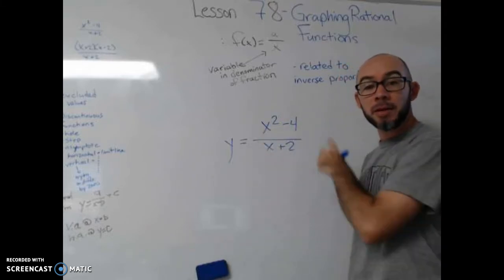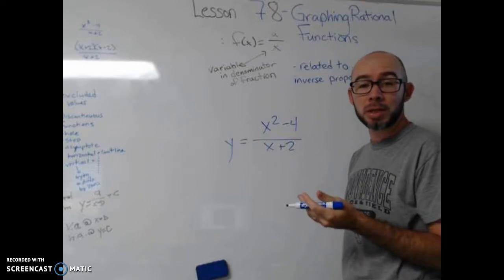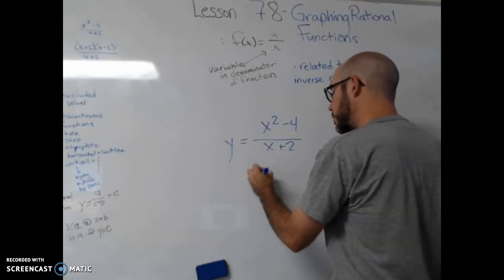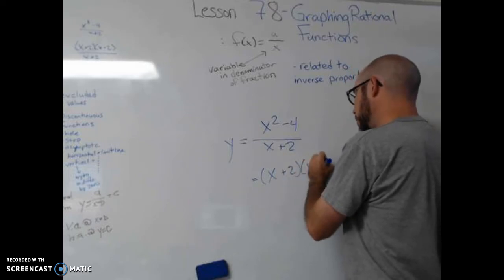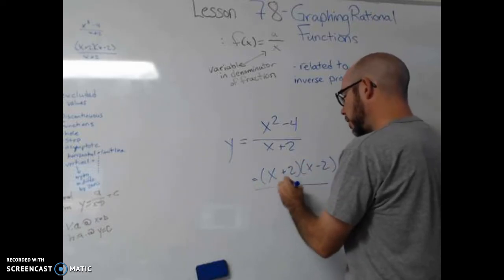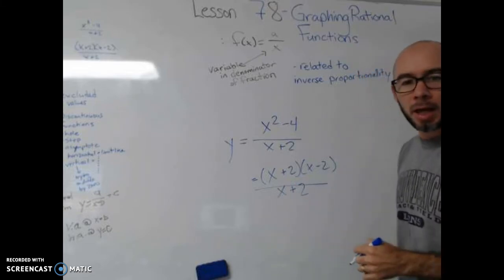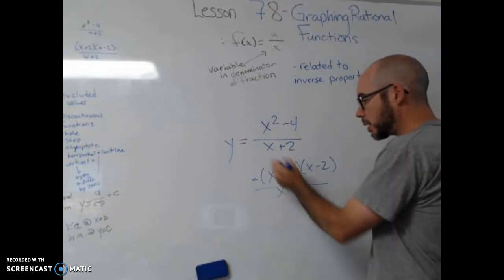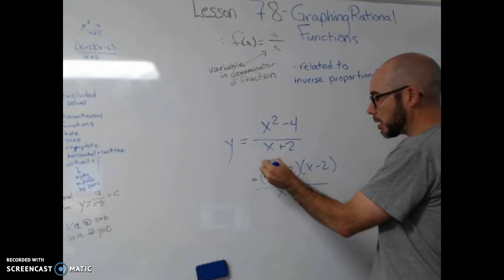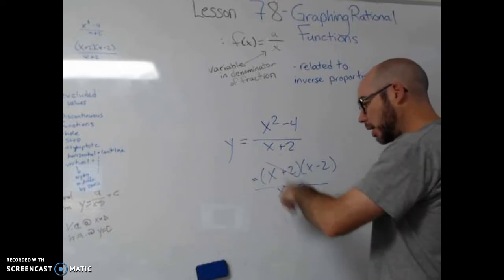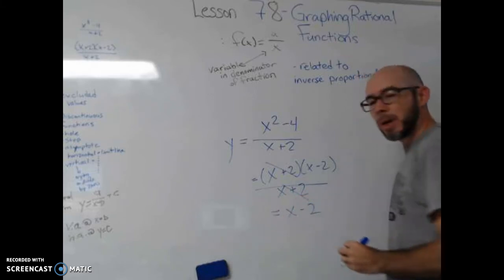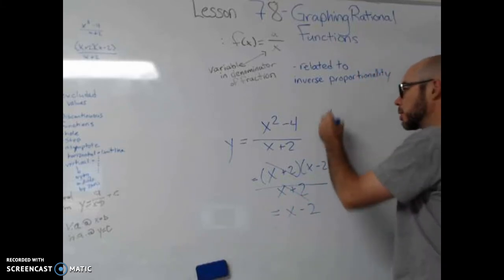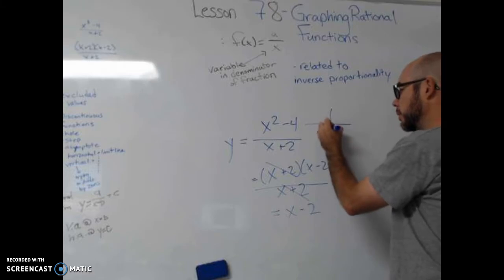In fact, I could factor out that top part because it's just the difference of 2 squares, and I can break this down into x plus 2 times x minus 2, divided by x plus 2. Now you can see that because these are factors, I can cancel out this and this. That equals 1. So it is equivalent to x minus 2, which our calculators can graph pretty easily.